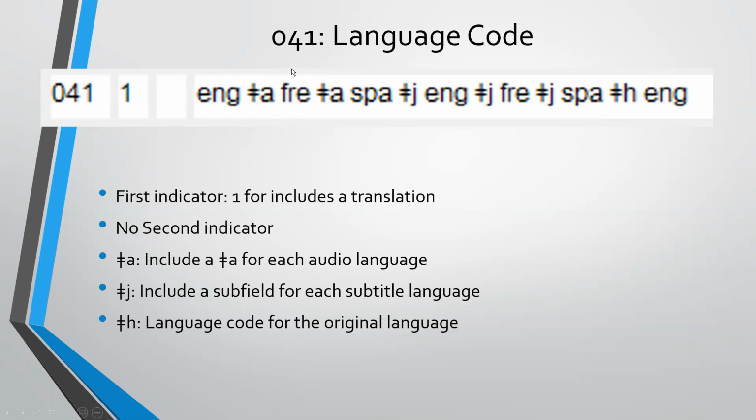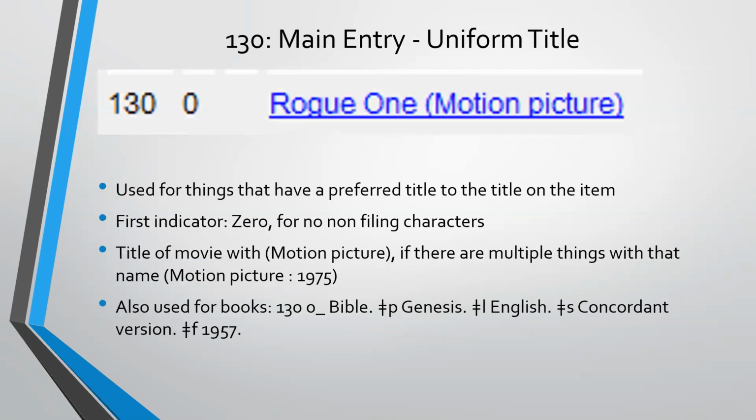You would have an additional subfield A for English to indicate that it includes audio for each language, and then you would have an additional subfield J for the English subtitles, and your subfield H would be the code for Japanese. Just as an example.